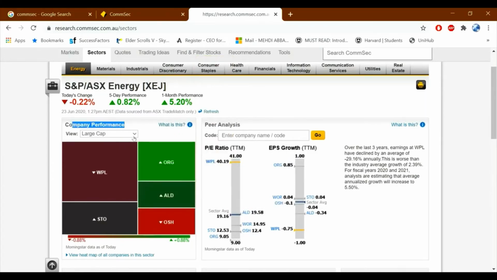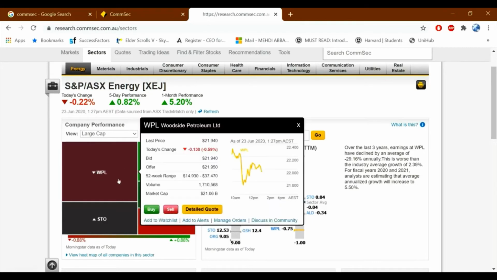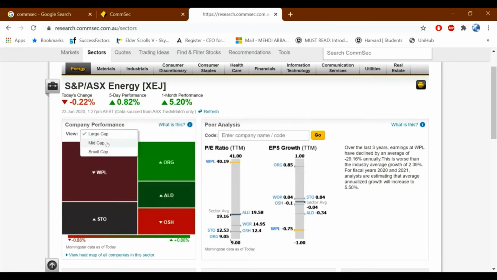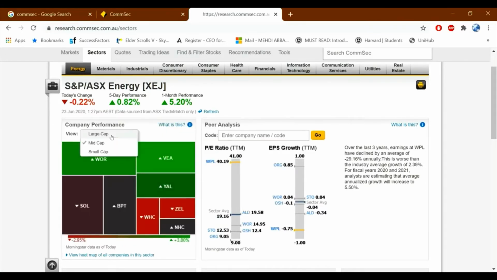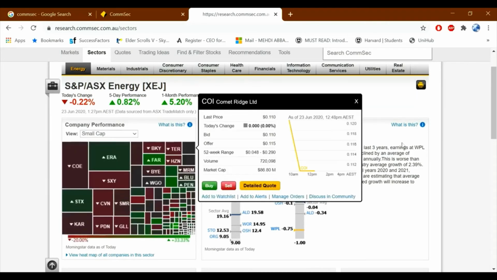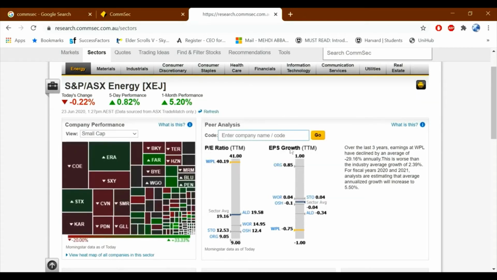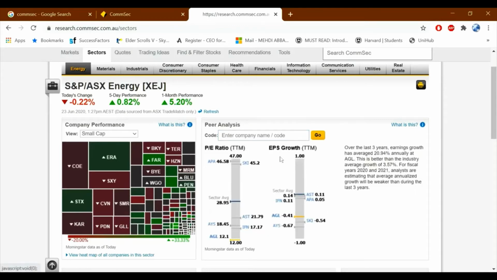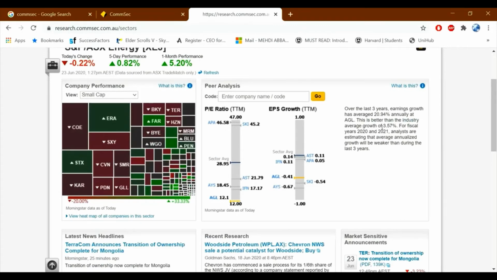For company performance, you can choose, in the energy sector right now, the largest large-cap stock within that sector, which is Woodside Petroleum, or you can go to mid-cap or small-cap companies, or you can search for a company such as AGL, and then it gives you the PE ratio and EPS growth.